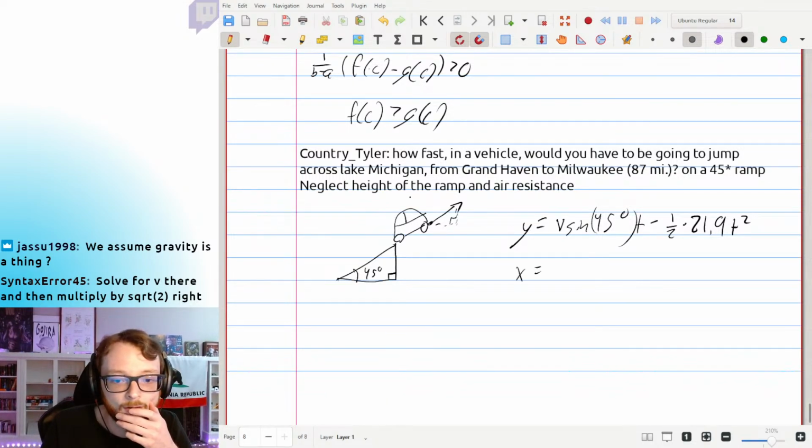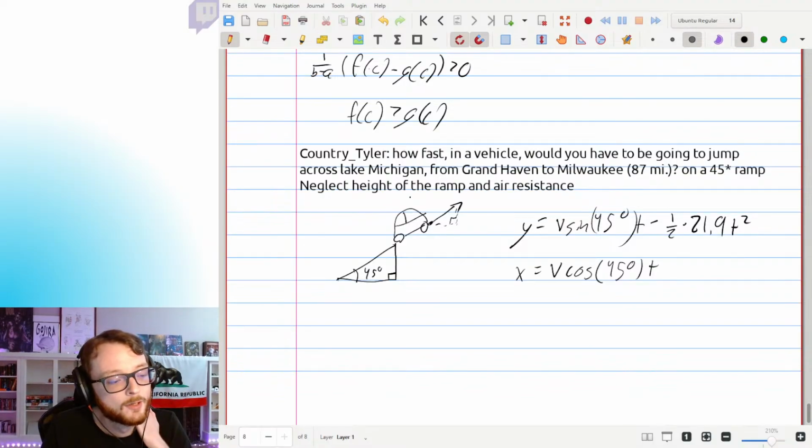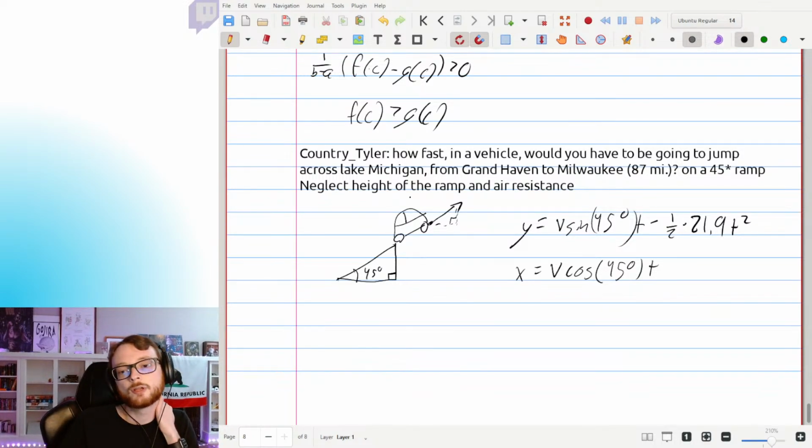Then, as syntax says, the x component is going to be v cosine 45 degrees. The cosine and sine are important, but they're not the end of the world. So we're interested in when y equals 0.